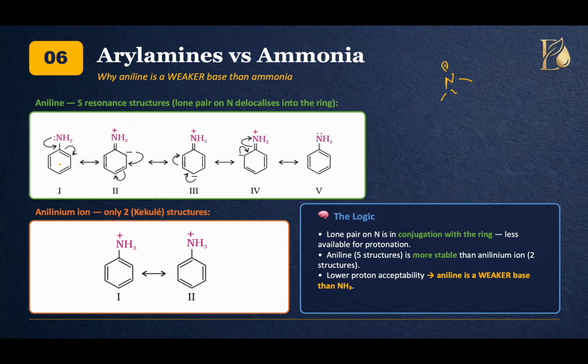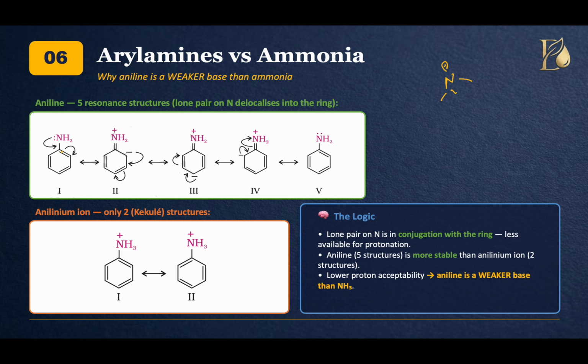In the first structure, look at this. The lone pair is present on the nitrogen atom. Then the lone pair moves towards the benzene ring and forms a double bond between nitrogen and the carbon attached to it. So this is the first structure of aniline. Then this lone pair on the nitrogen atom is shifted to the benzene ring.